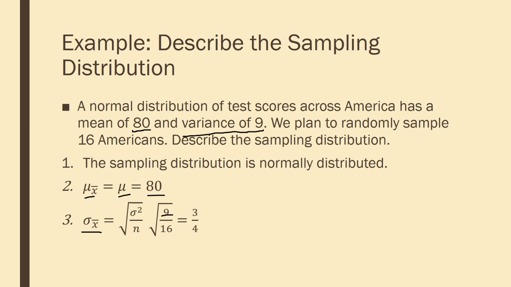And then we know that we're going to take 16 Americans, so our sample size n is 16, and we take the square root of that, that's going to equal 3/4. Okay? So we're going to have a standard error of 3/4. So we described the shape of the sampling distribution, its mean, and its standard deviation, which is called the standard error.